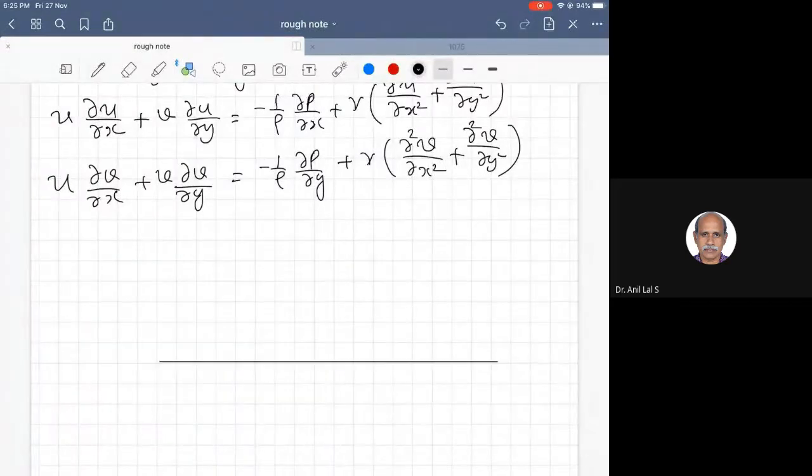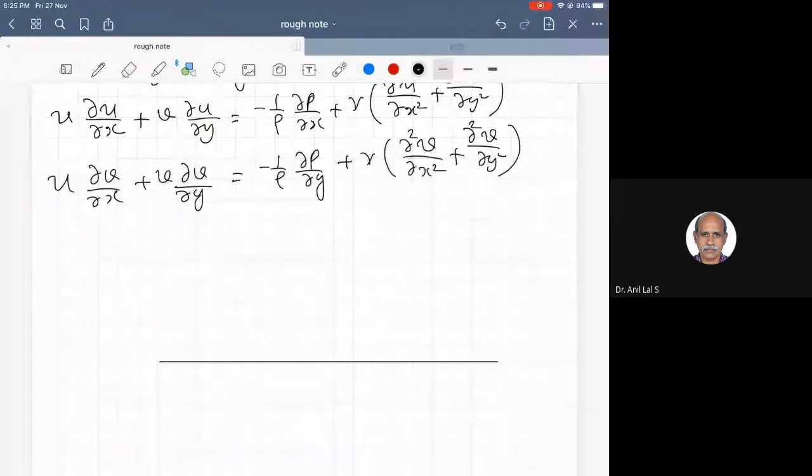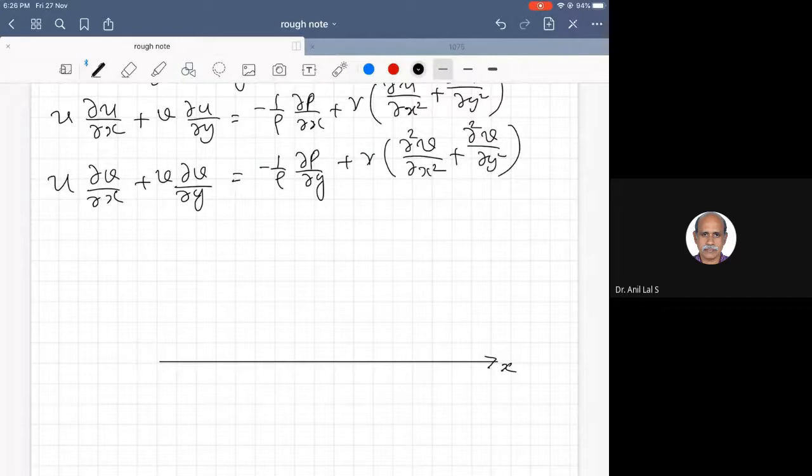In a flat plate, it could be any other body, the body surface coordinate is represented by x, and the body normal is drawn along the y axis.